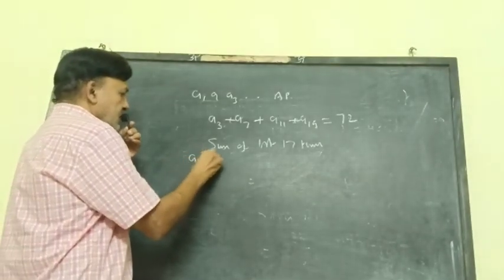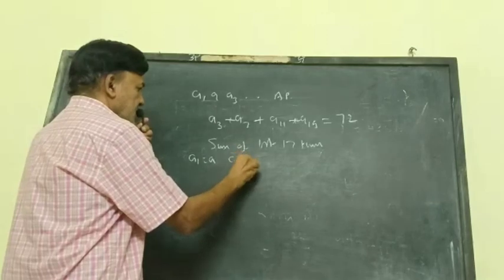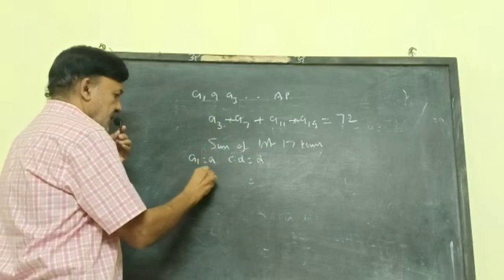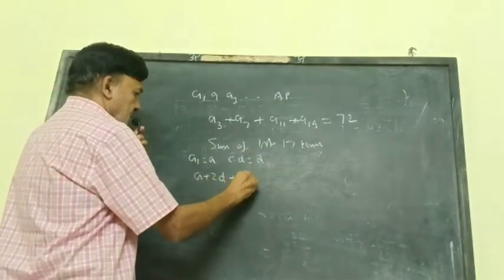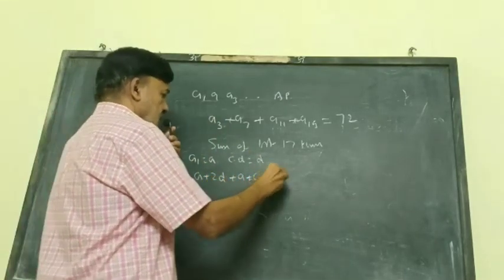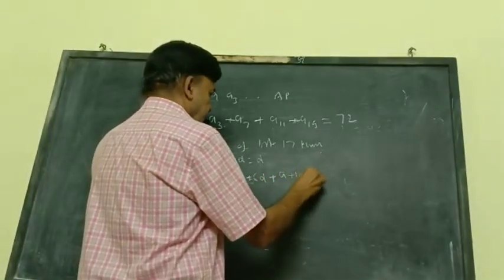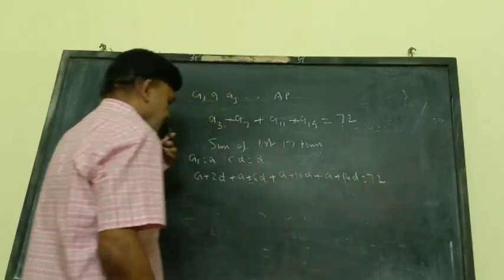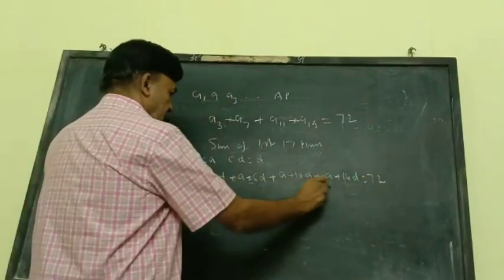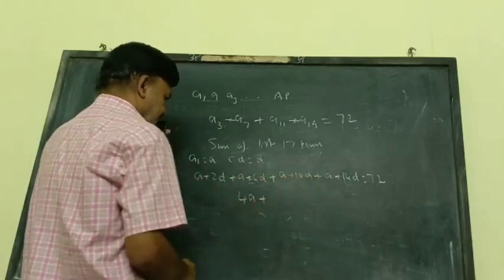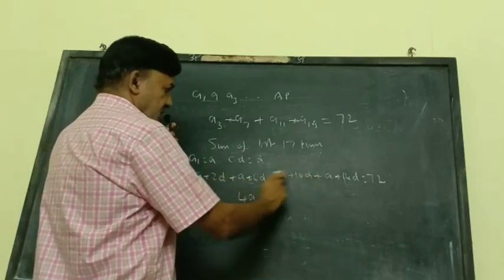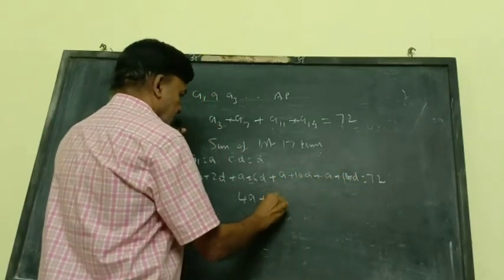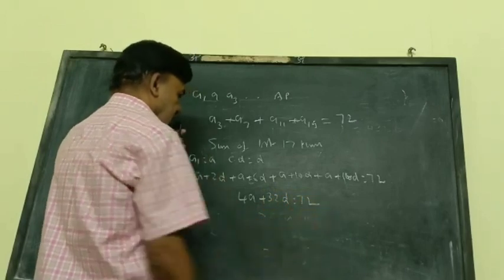You call first term as A. Common difference is equal to D. So this will be A plus 2D, A plus 6D, A plus 10D, A plus 14D is equal to this. 1, 2, 3, 4. 4A plus 2 plus 6 plus 10 plus 14, 32, D is equal to 72.